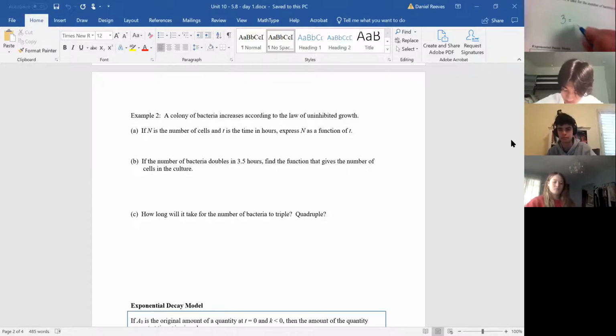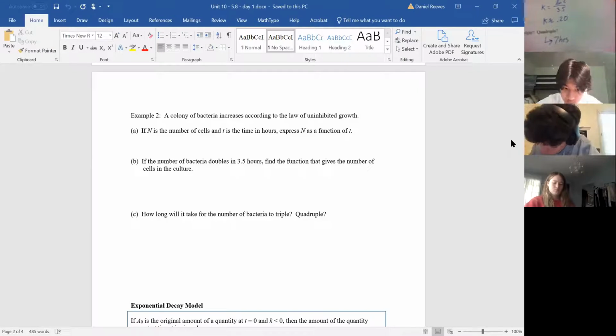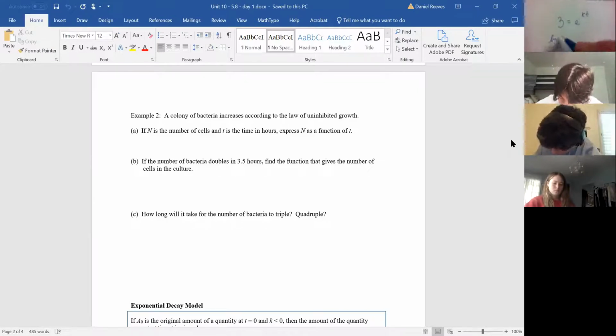3 equals e to the kt, where k is approximately 0.20. I'm going to say the natural log of 3 equals kt, and the time to triple should be the natural log of 3 over k equals t.